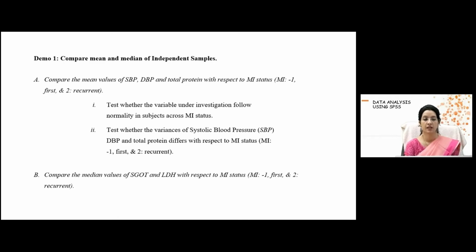And here you can see the first assumption was that the dependent variable will be a continuous one. So here the dependent variables are systolic blood pressure, diastolic blood pressure, and total protein, right? And the independent variable should be a dichotomous variable. It is MI status, 1 is first and 2 is the recurrent. Now the first question is, test whether the variable under investigation follows normality in subjects across MI status, right?